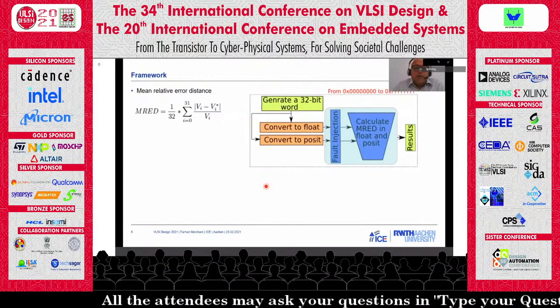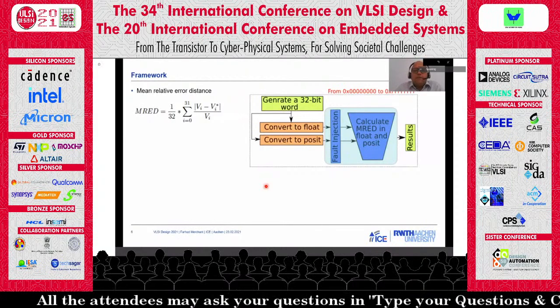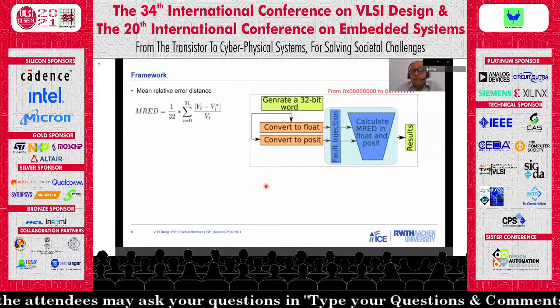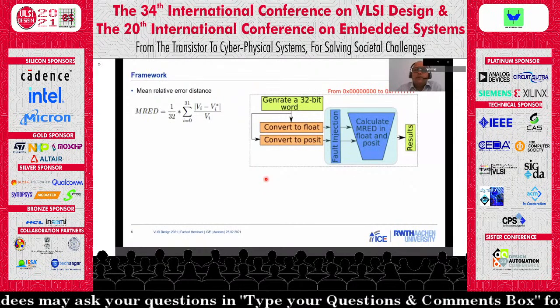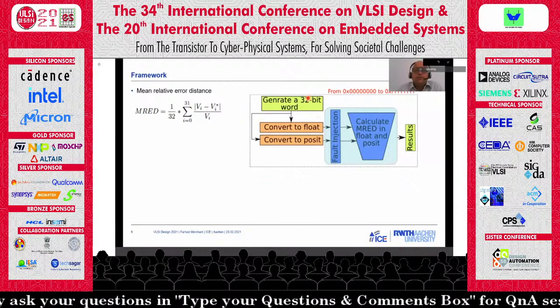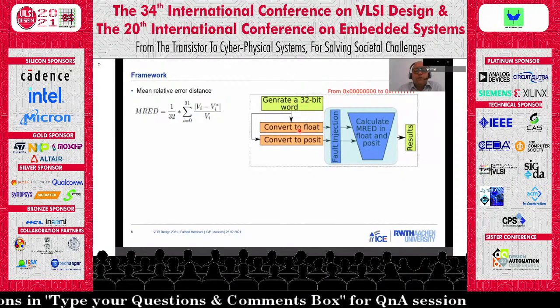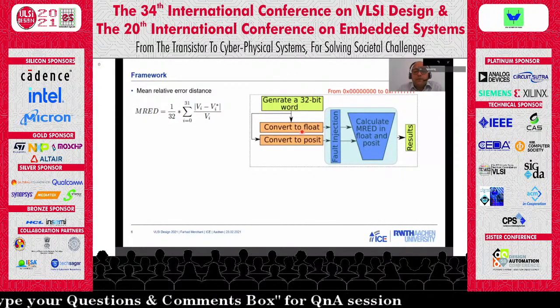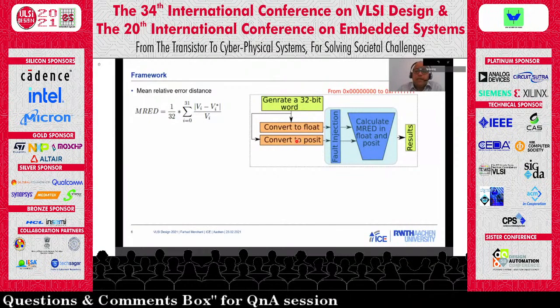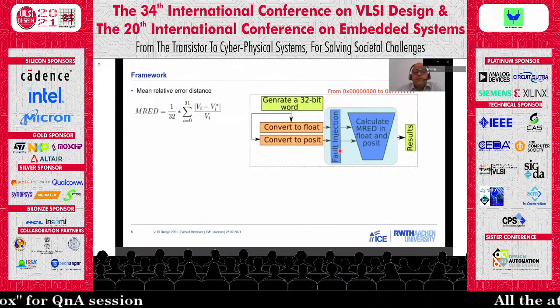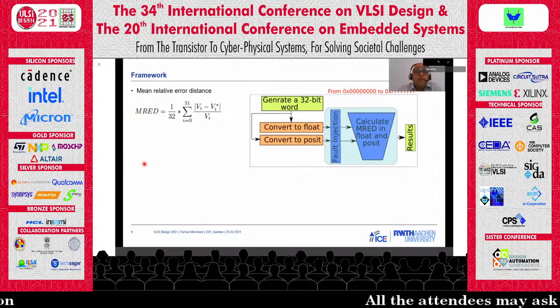Now, in our work, we present a framework which is also made open source, and you can find the link in the paper. Here we have a 32-bit number that we convert to an IEEE 754 compliant floating point number and to POSIT format, and then we inject bit flips. As of now, we support single and double bit flips, and then we calculate mean relative error distance.